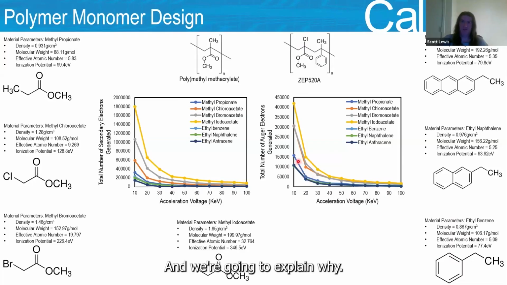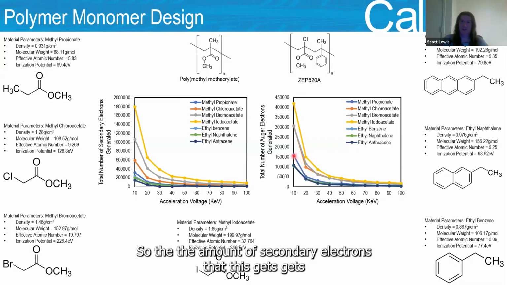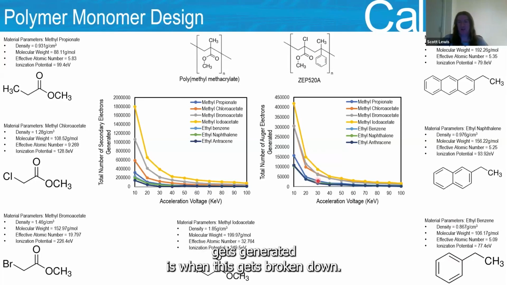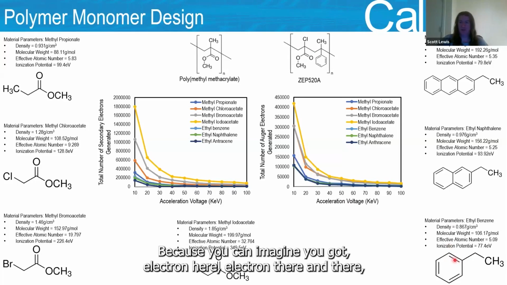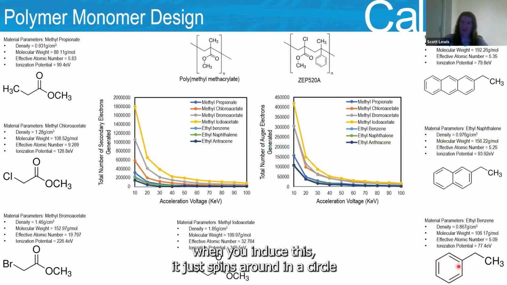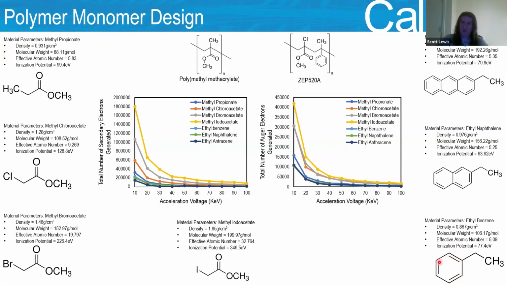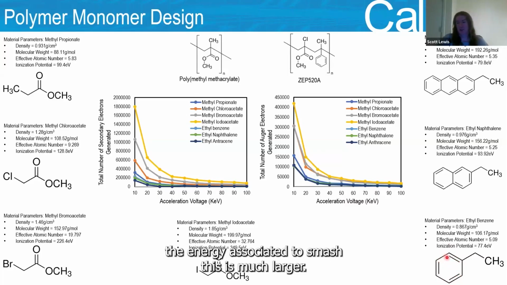And we're going to explain why. So the amount of secondary electrons that get generated is when this gets broken down, because you can imagine you've got an electron here, electron there and there, and when you induce this, it just spins around in a circle until you smash this completely. So the energy associated to smash this is much larger.